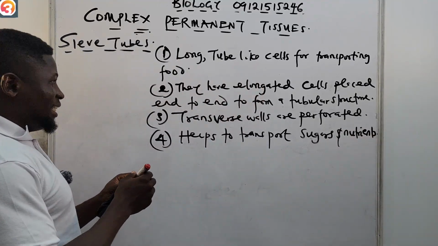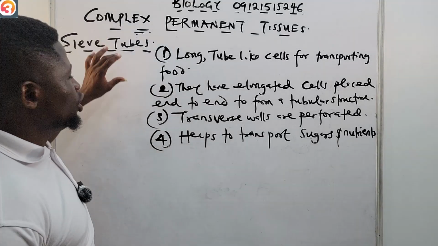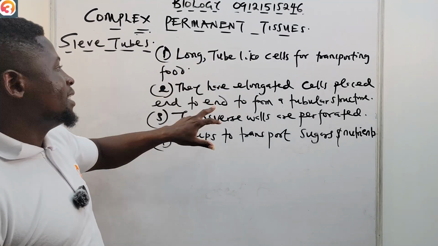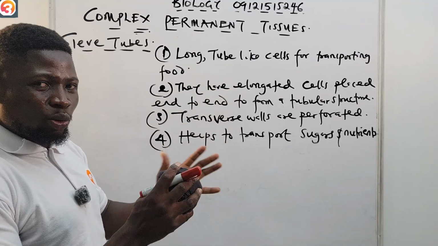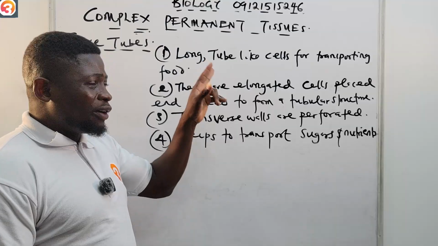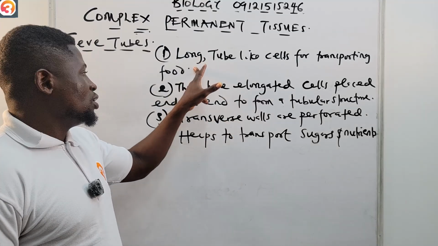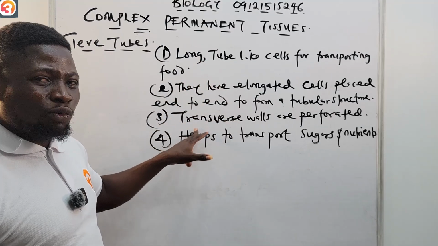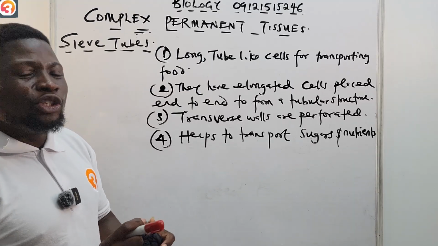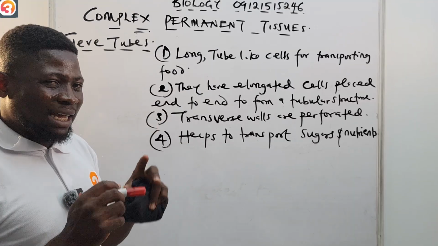So these are the characteristics of the sieve tube. They have long tube-like cells and elongated cells placed end to end to form a tubular structure. The major function is to transport food. They have perforated transverse walls and help to transport sugars and nutrients.